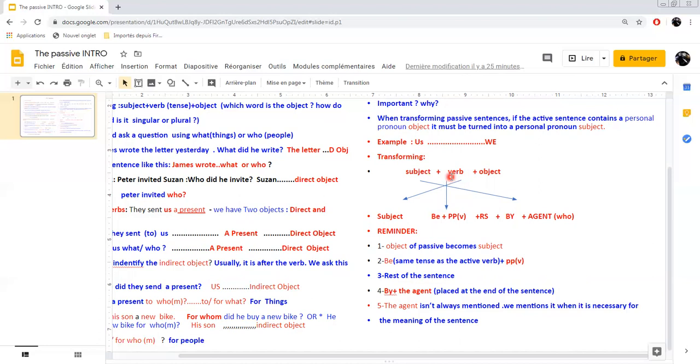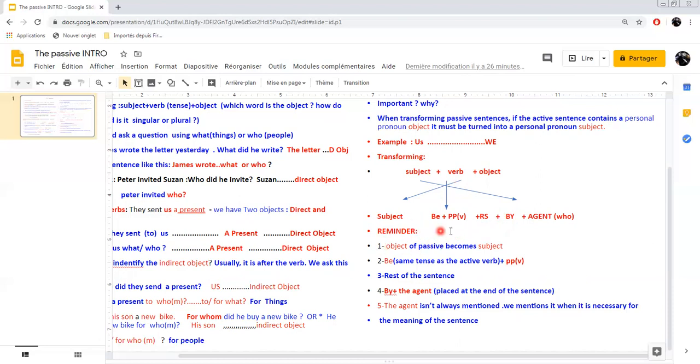If the verb is in the simple past, to be must be in the simple past. If this one here is the future, it must be put in the future. Then this RS here means the rest of the sentence. If you've got longer sentences, you finish the sentence and then you mention the agent. So I think it's clear.